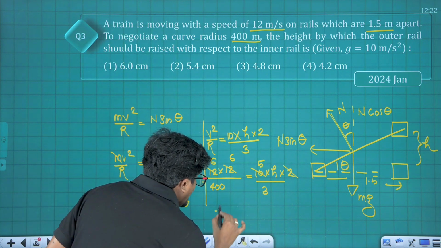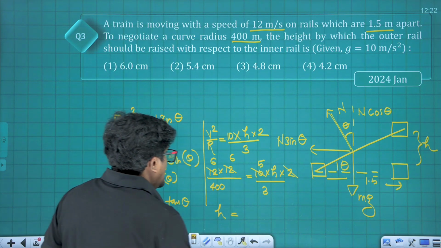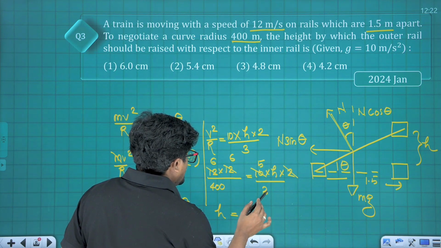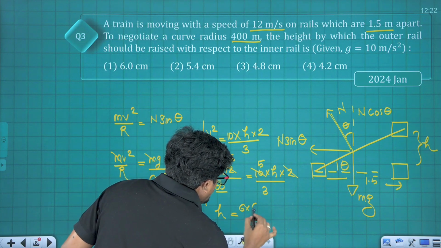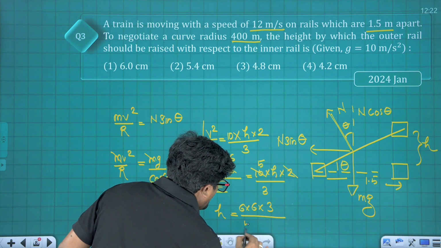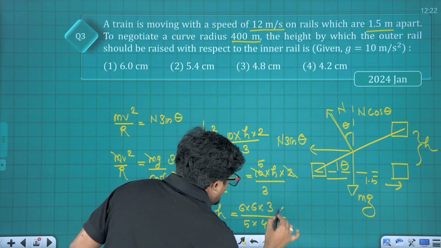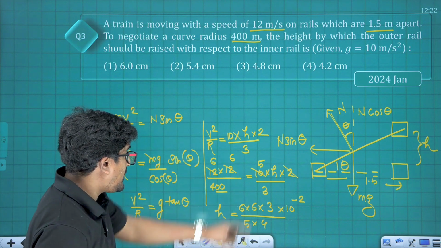Now small letter h, that is now going to be, let's check the possibilities here. So here this is going to be 6 into 3 all divided by 5 into 4 into 10 to the power minus of 2.